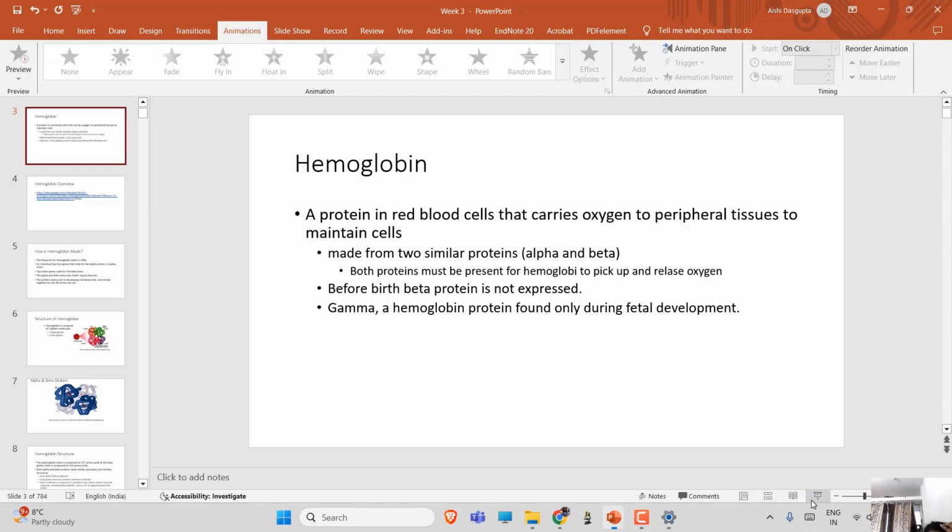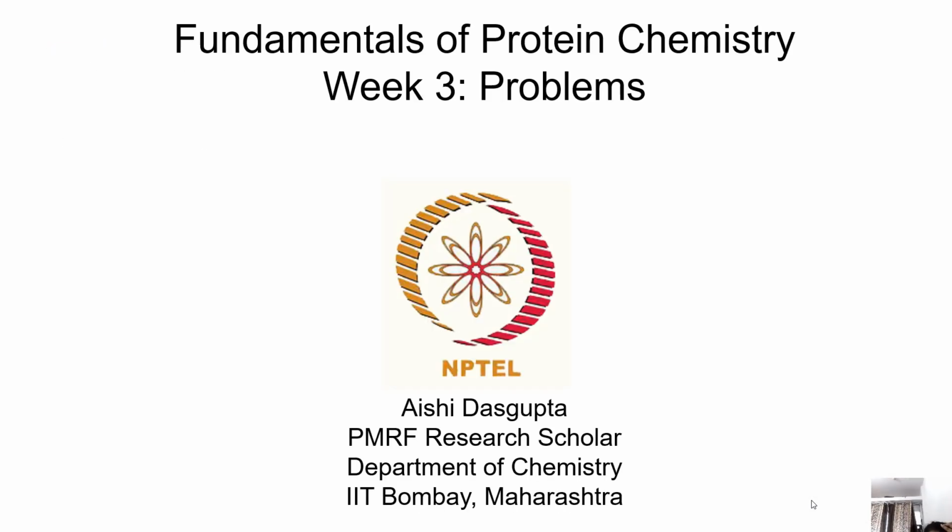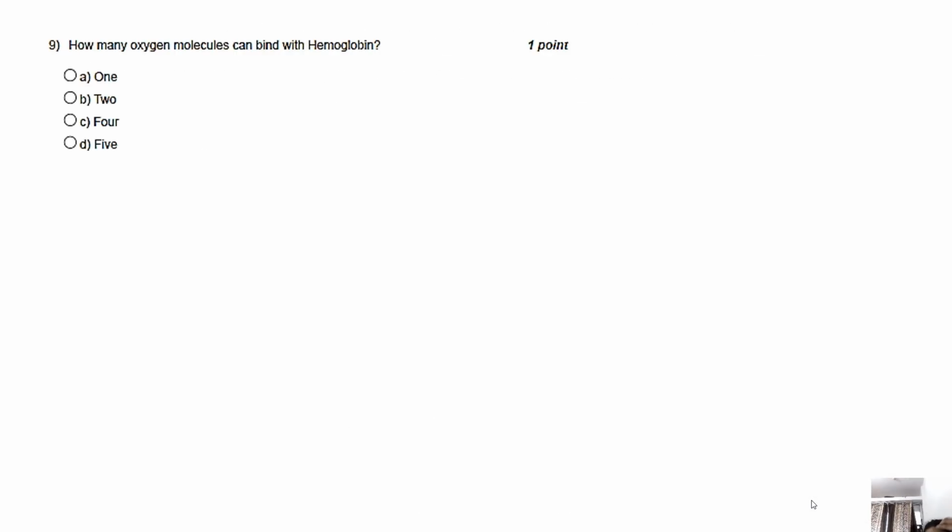So, as I was saying, how many oxygen molecules can bind with hemoglobin? Anybody wants to answer, or should I go ahead with the explanation that I already started? I need an explanation as well if you are answering.